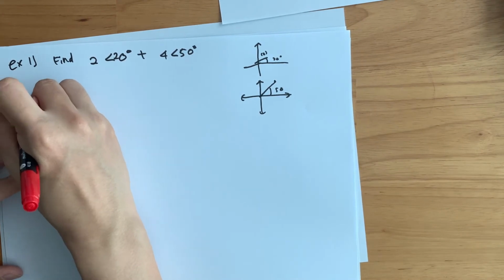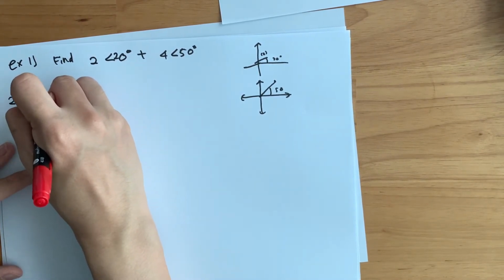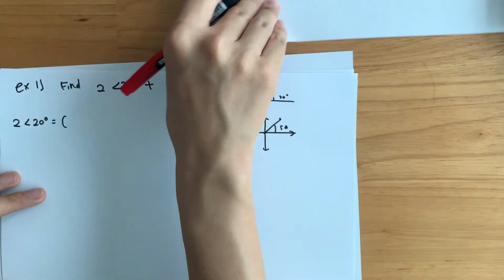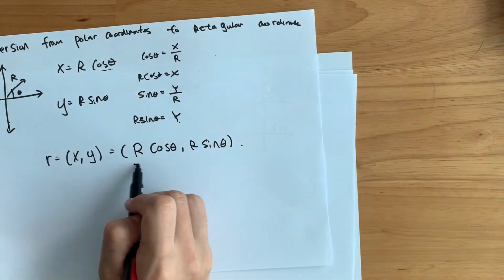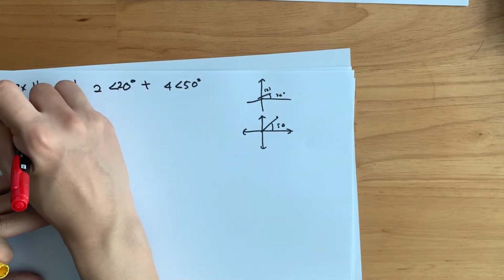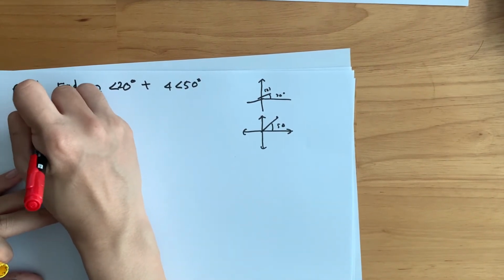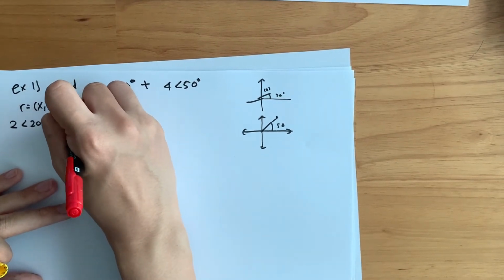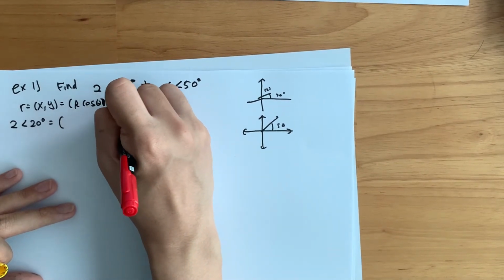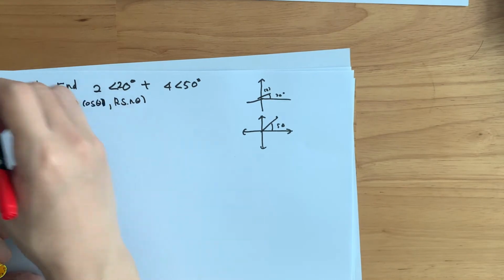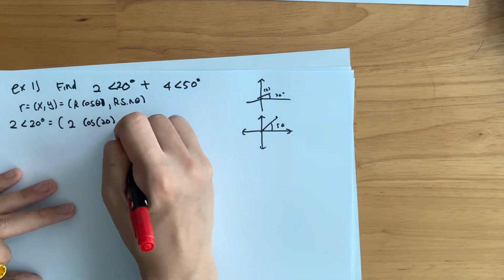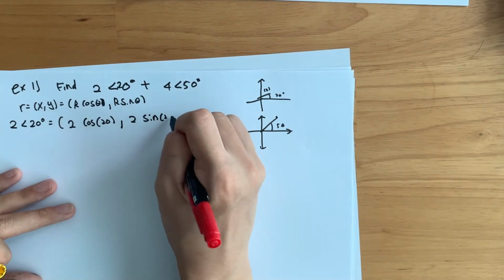First, let's change it to rectangular coordinates. As I told you, we can use this formula: (x, y) equals (r cosine theta, r sine theta). So for the first, it's 2 cosine 20 and 2 sine 20.